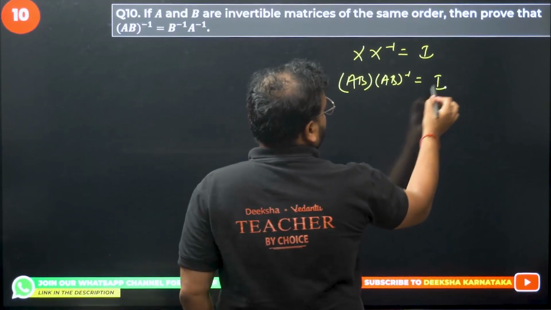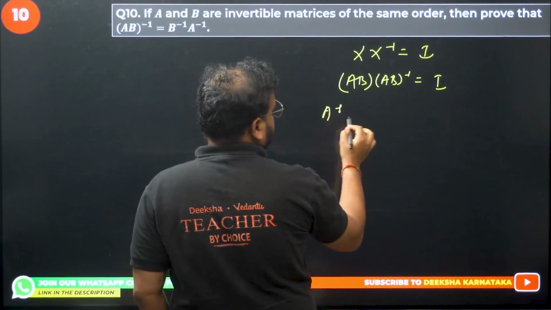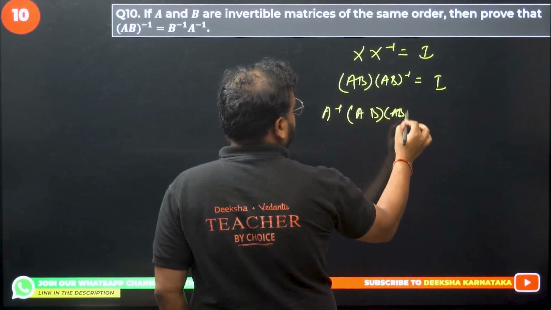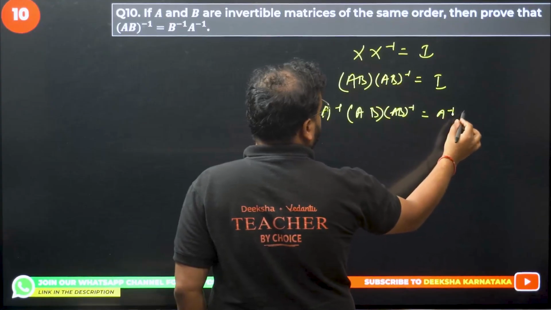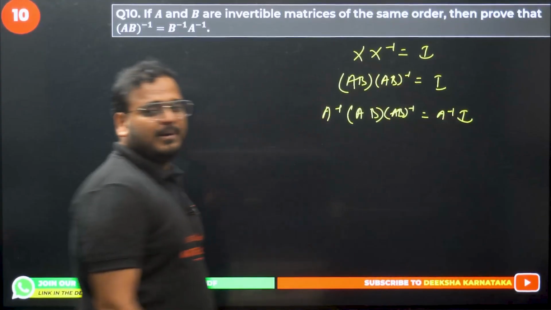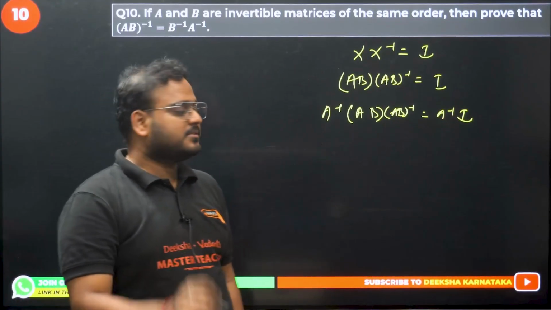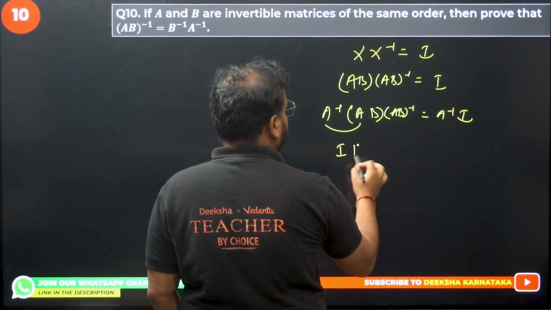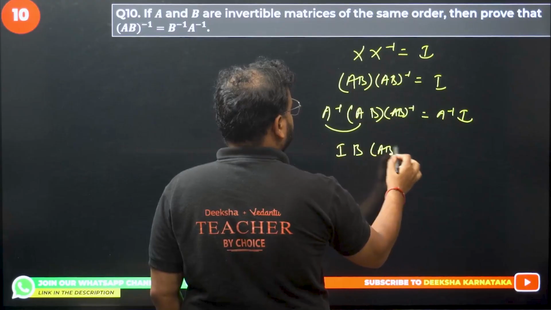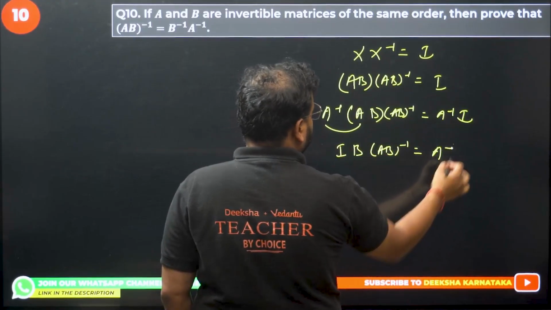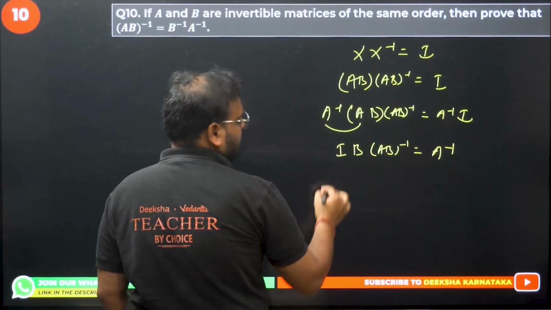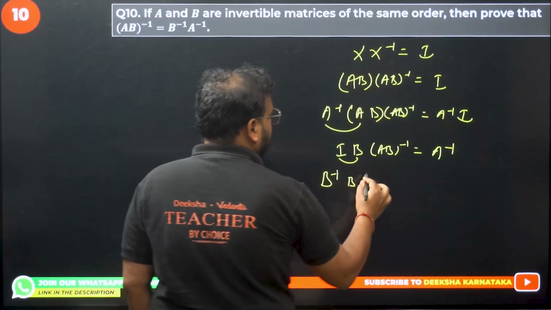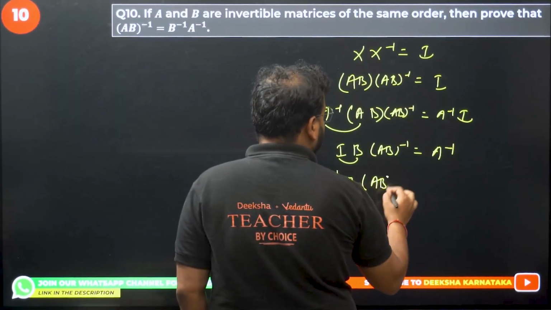Now multiply A inverse on both sides. I can do that; I can multiply the same matrix on both sides. So A inverse A will become what? I. IB, AB inverse. This will be simply A inverse. This time we multiply with B inverse. So I get here B inverse. This will become simply B. I have over here AB inverse.